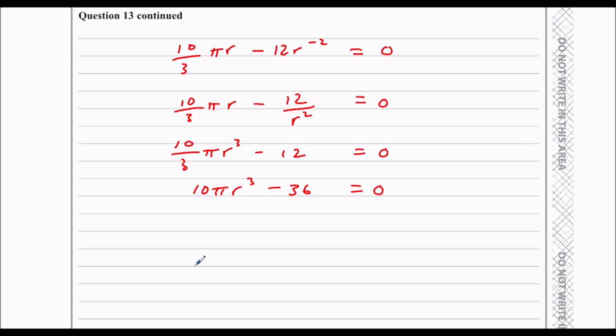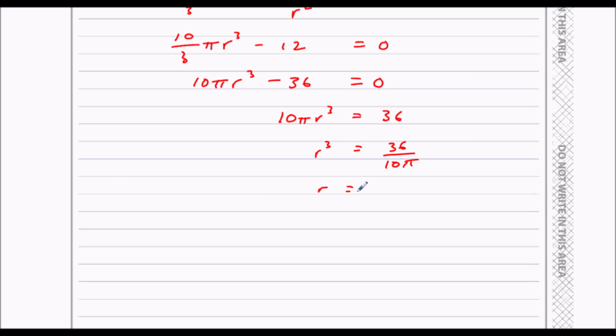Now let's get r by itself. So plus 36 to both sides. Divide by 10 pi. And then cube root. So r is going to be the cube root of 36 over 10 pi.